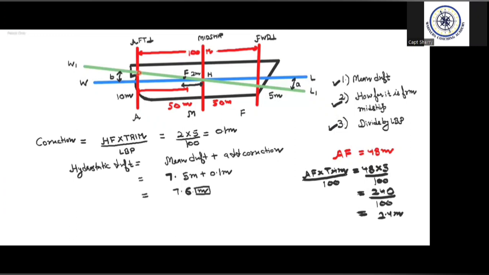If you have understood the concept at this level, the draft is higher than this level, so you need to subtract that. So what is your aft draft? You've got a draft of 10 meters. So 10 minus 2.4 is going to be 7.6 meters. So that is also a way of finding the hydrostatic draft.